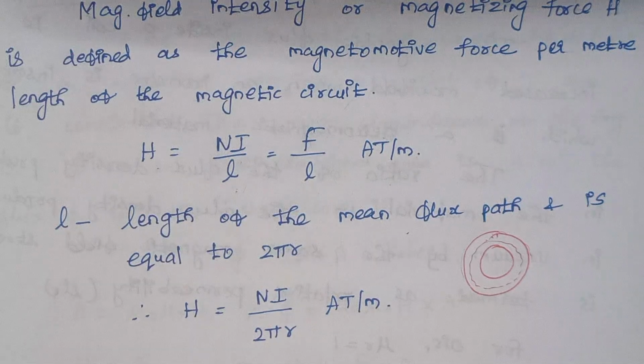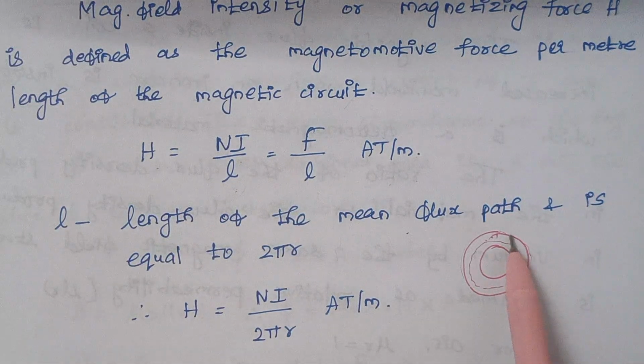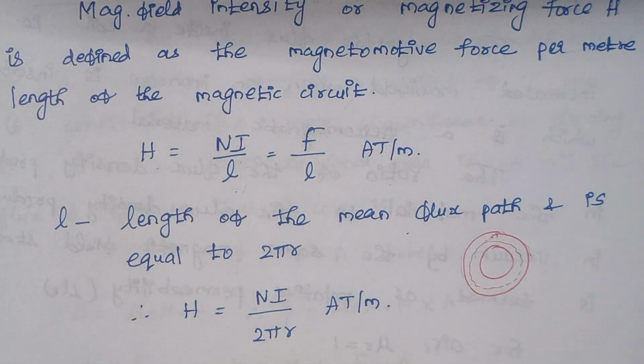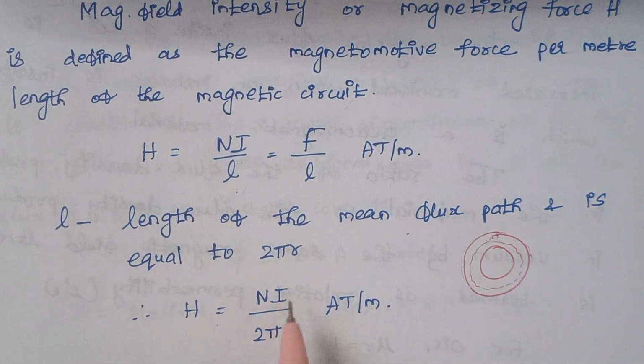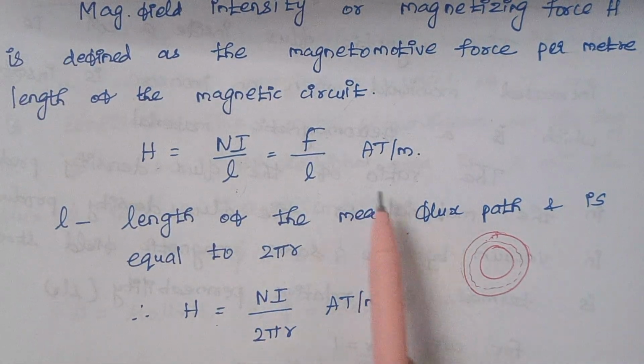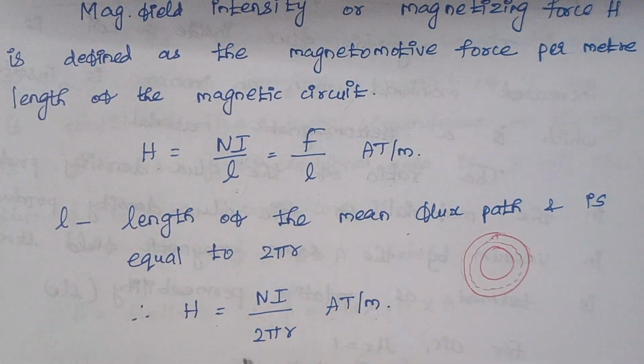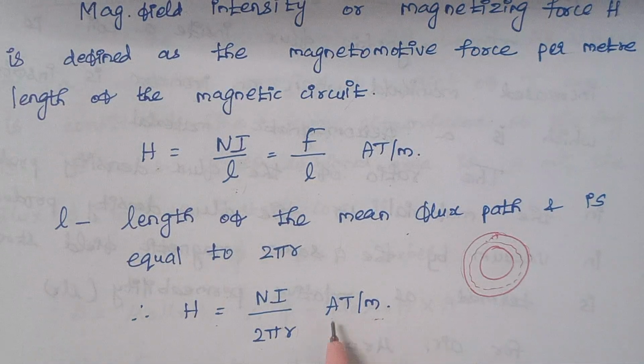Specifically speaking, L is the circumference of the circle, right? What is the formula for the circumference of the circle? It is 2 pi r. Therefore, H is given by Ni by 2 pi r. Again the same unit here, because 2 pi is a constant and the value of r is measured in meters. So ampere turns per meter.